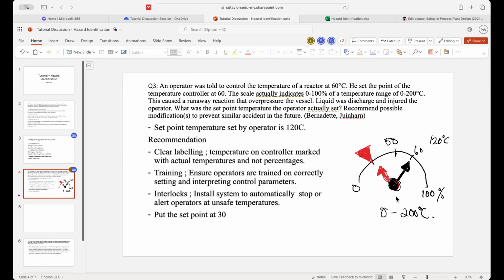So you don't have to tell the operator 60 degrees or whatever. Just ask them, this is the indicator, put it there. Or you can tell them 60 degrees Celsius, follow the indicator, and you put an indicator there. So that's a very straightforward, simple way to tell the operators, okay, this is where the set point should be.